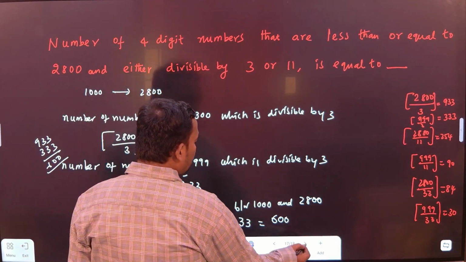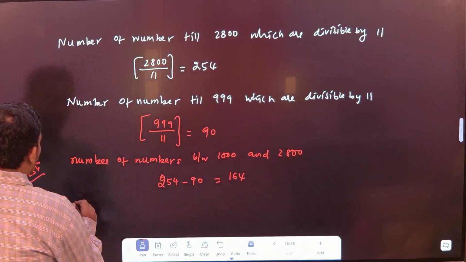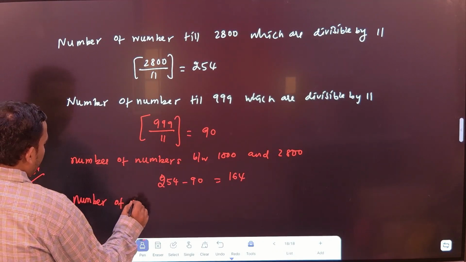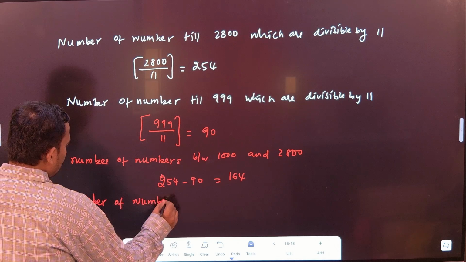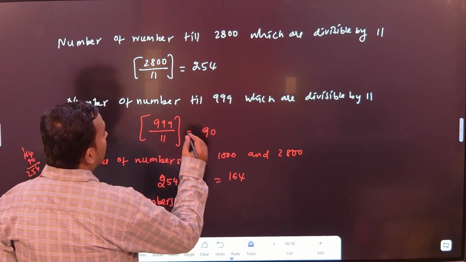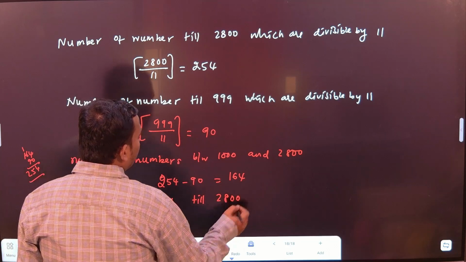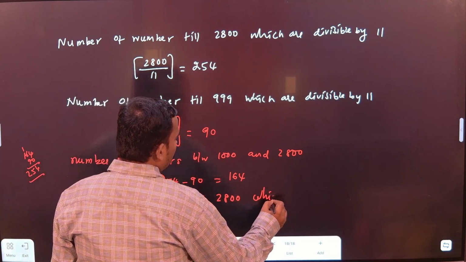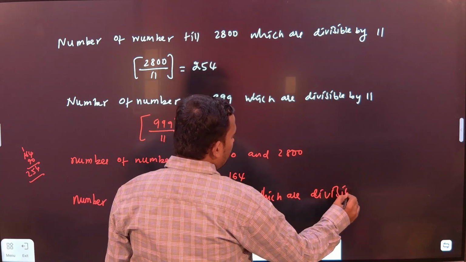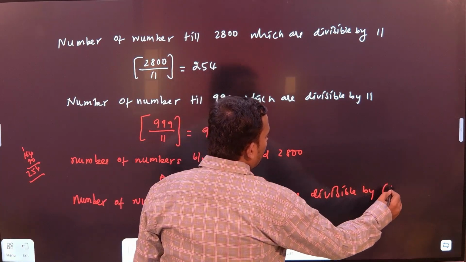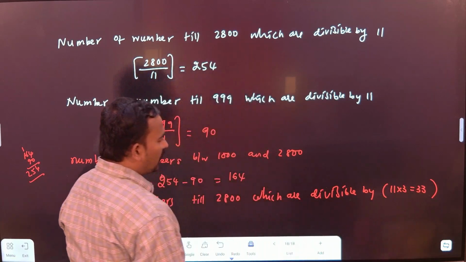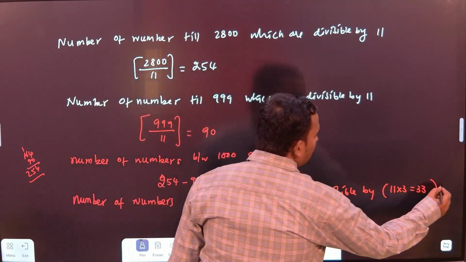Next, the number of numbers till 2800 which are divisible by 11 into 3, that is 33.